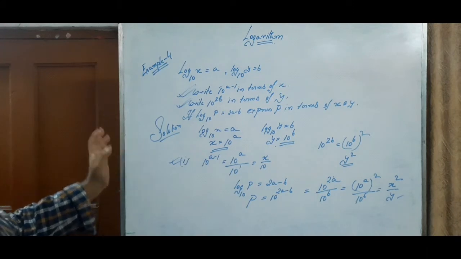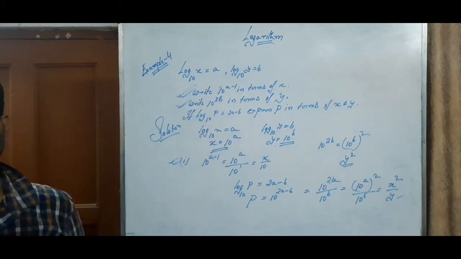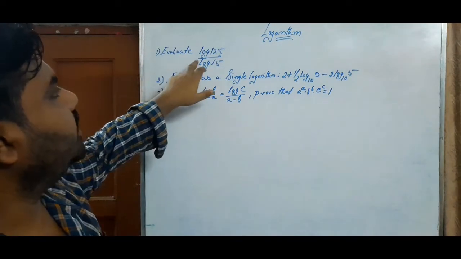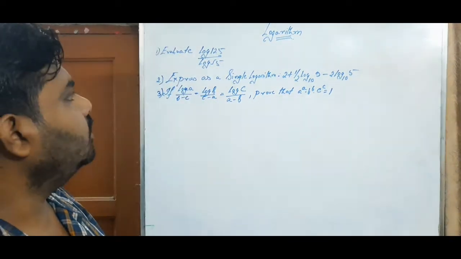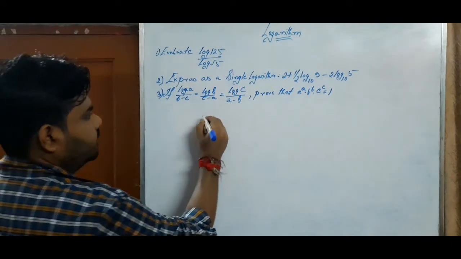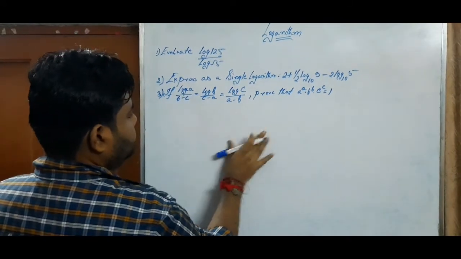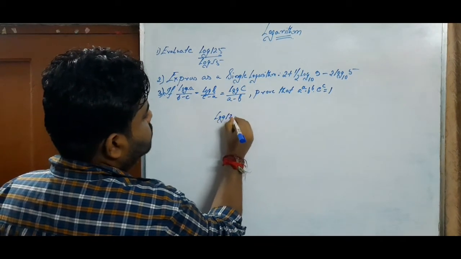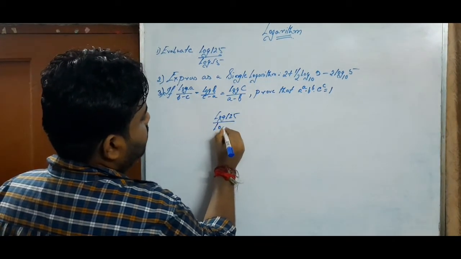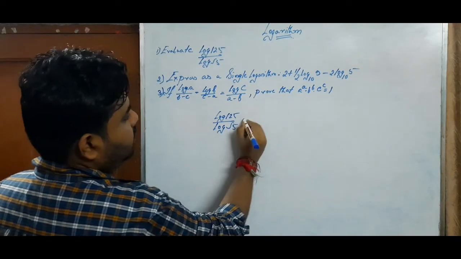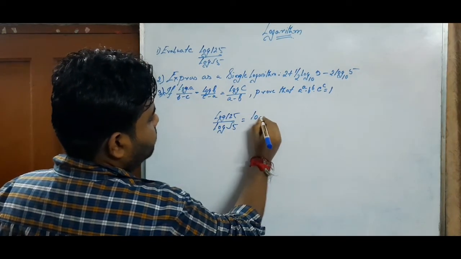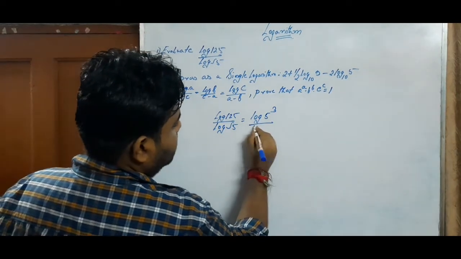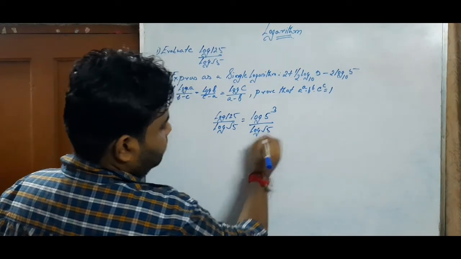So we will shift to the next example. There are some examples. Just say evaluate log 125 by log root 5. Log 125 we can write 5 cube by log of root 5.